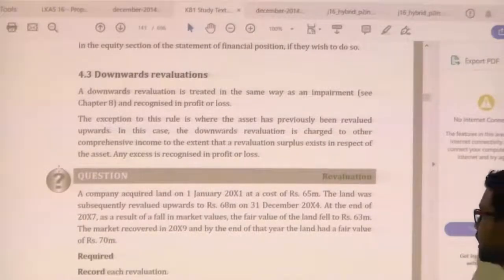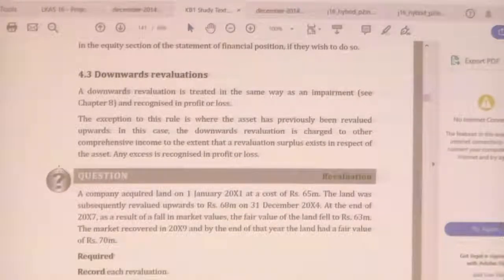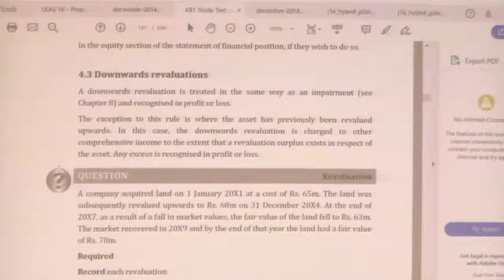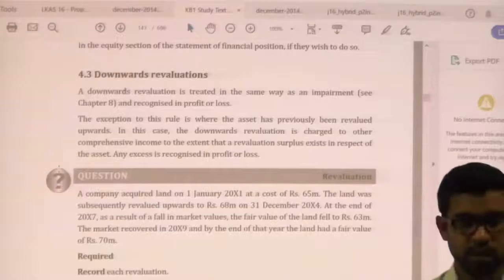The market recovered in 2019, and by the end of that year, the land has a fair value of 70 million. With that, you have to record each revaluation gain and loss.